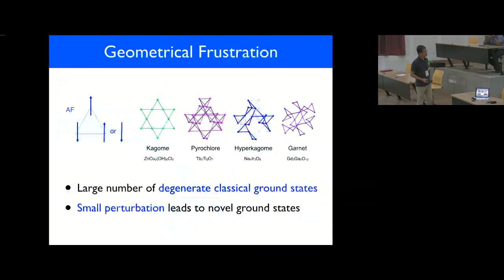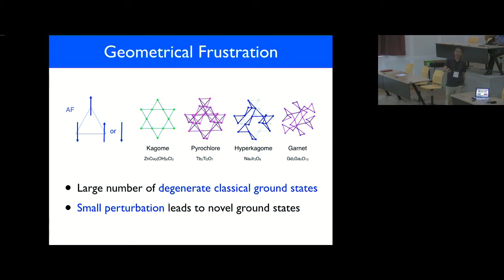So the previous speaker already mentioned something about frustration. In this case, the frustration actually comes from the geometry of the lattice. Think of Ising spins on a triangle with antiferromagnetic bonds on each link. There's no way you can classically satisfy all the bonds.